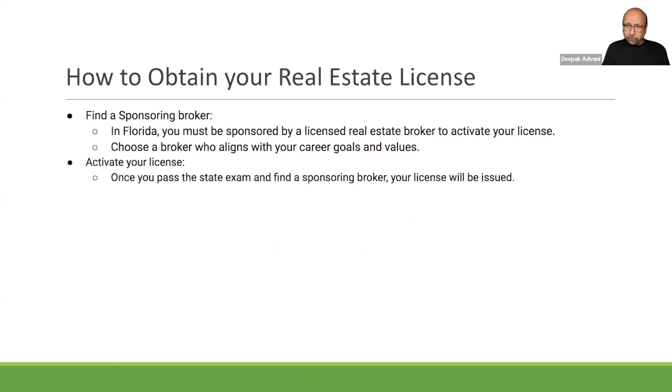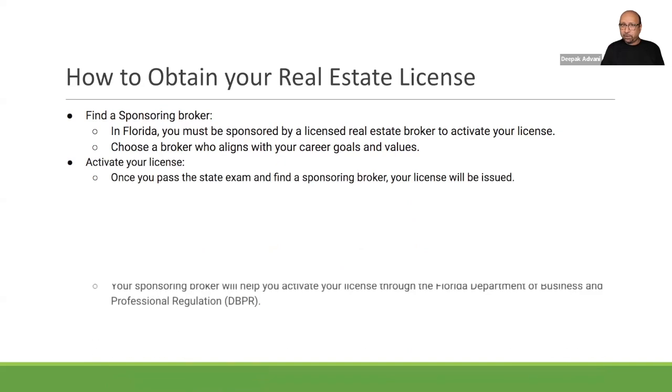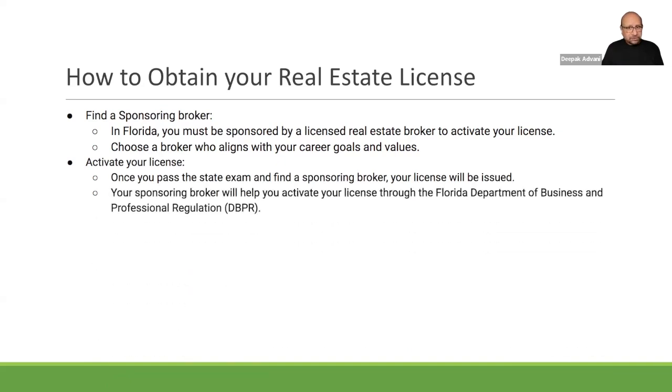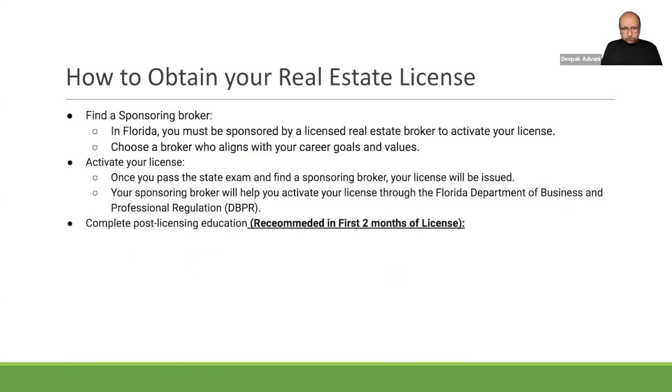In order for you to practice real estate, you have to have your license in an active status. So your sponsoring broker is going to make your license active under their umbrella with the Department of Business and Professional Regulation. It's a pretty quick process. It's online now. As long as you have an understanding with the broker and you have narrowed down all the terms and conditions with that office, they can do that instantly for you.